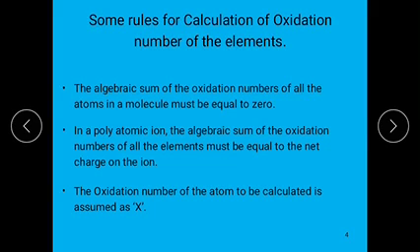The oxidation number of the atom to be calculated is assumed as x. When we calculate the oxidation number of an element, it is treated as x. In the case of molecules, the sum of the oxidation numbers of the elements is taken as 0. If it is an ion, the sum is equal to its charge.